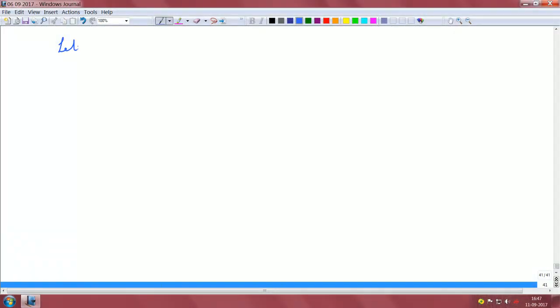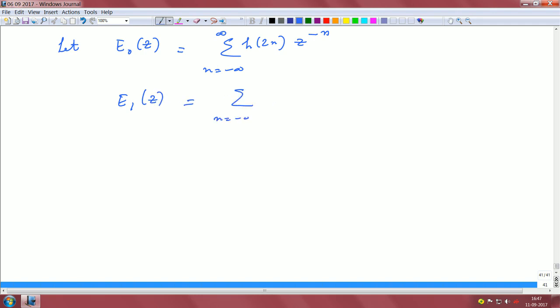So if we let E0 of z be the sum of h of 2n z power minus n, and E1 of z be the sum of h of 2n plus 1 z power minus n.